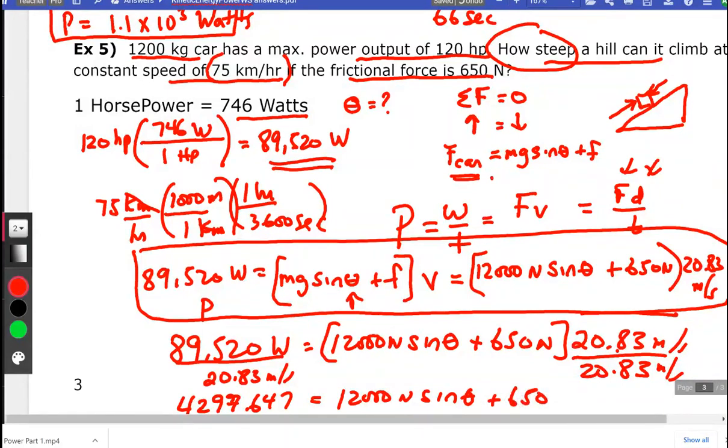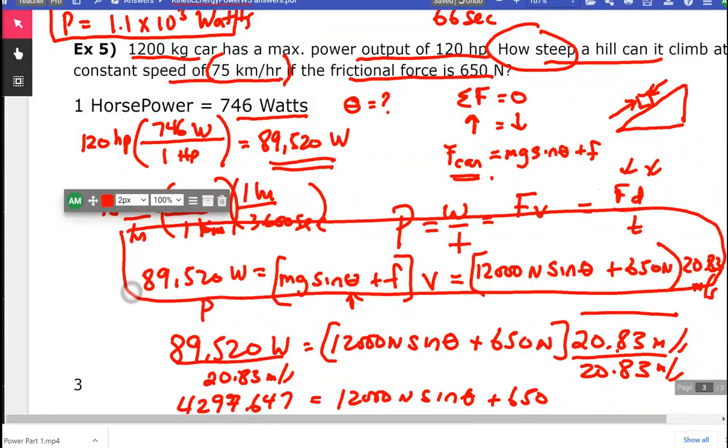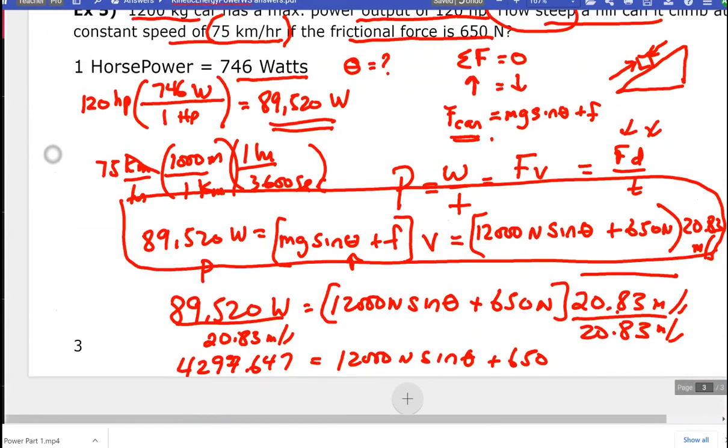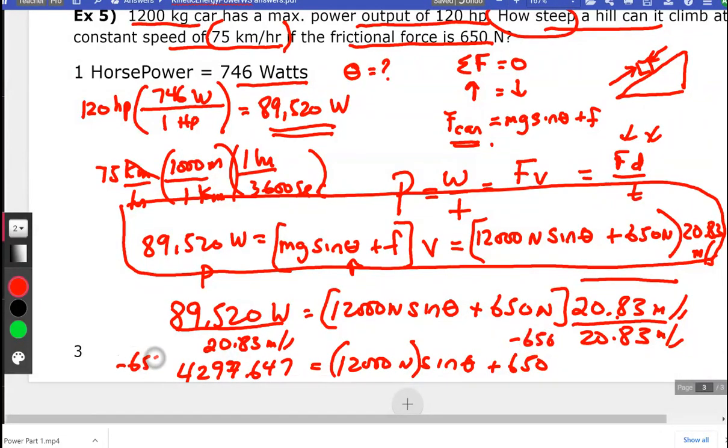Let's scroll up a little bit. Oh, I ran out of room. Look, this is just a math problem, so I'm going to let you work on this yourself. You've got to subtract 650 from both sides, and you divide by 12,000, and you get sine of theta is 0.303.